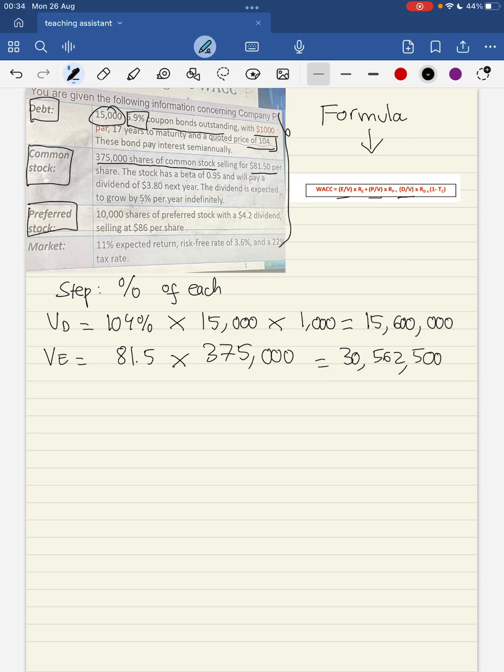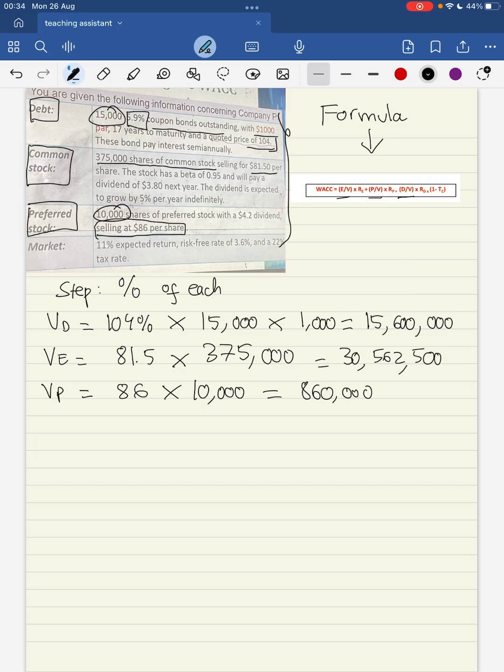And finally is the value of preferred stock, VP. VP will be equal to 86, since we can see that each preferred stock is selling at $86 per share, times the number of shares, which is 10,000. Together we have $860,000.